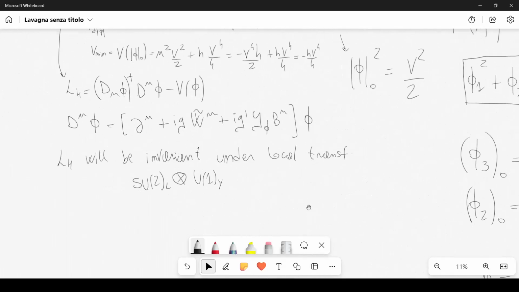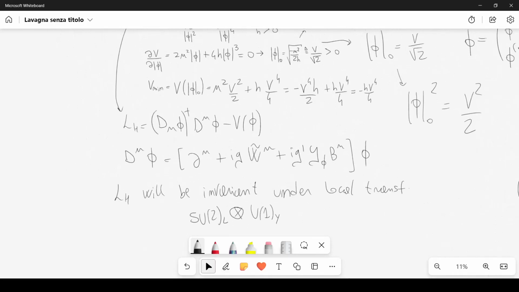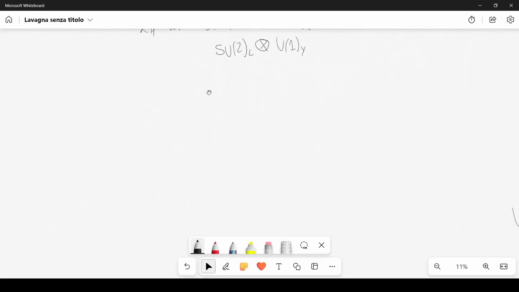We are going to use one more time the expression for the covariant derivative, because now we want to rewrite the Lagrangian. Remember that in the Lagrangian we have the covariant derivative which appears like this: d mu phi dagger d mu phi. And d mu phi dagger d mu phi is the modulus of d mu phi squared. So we can also think of it in this way. Now what I want to do basically is exactly this.